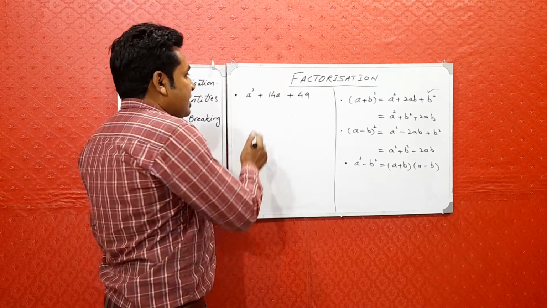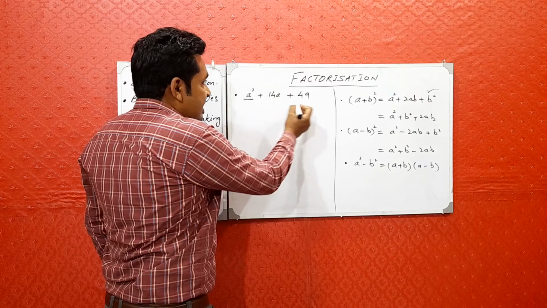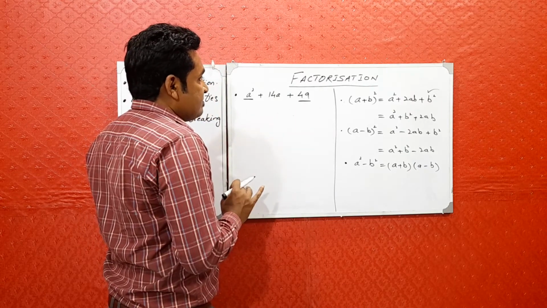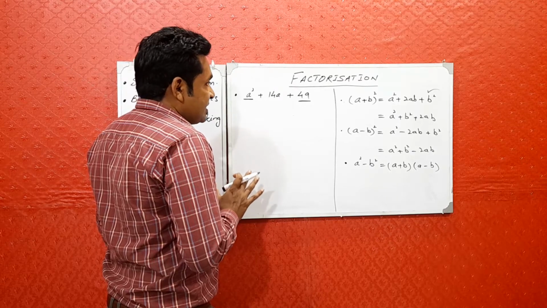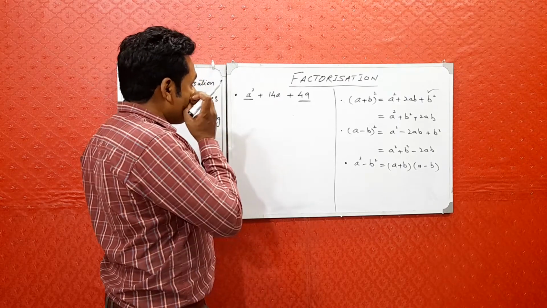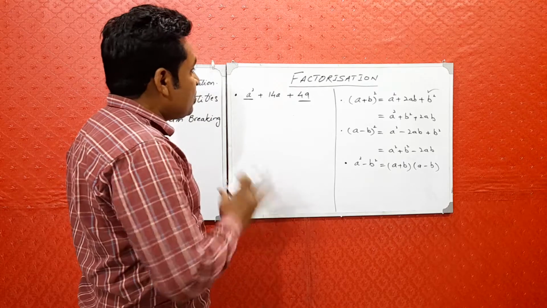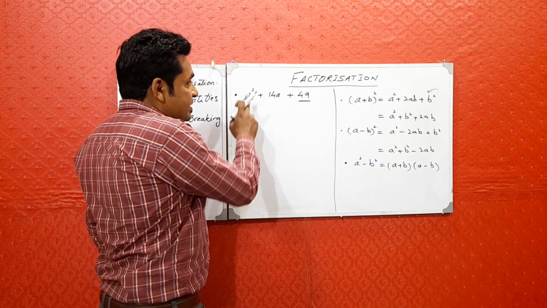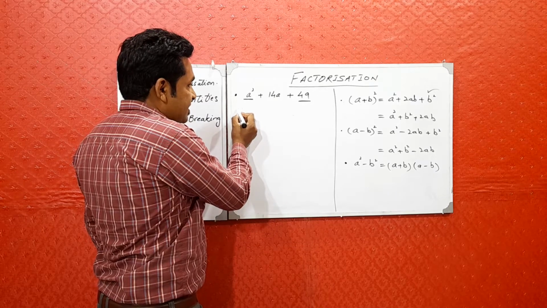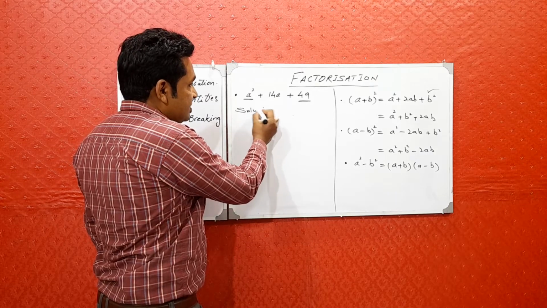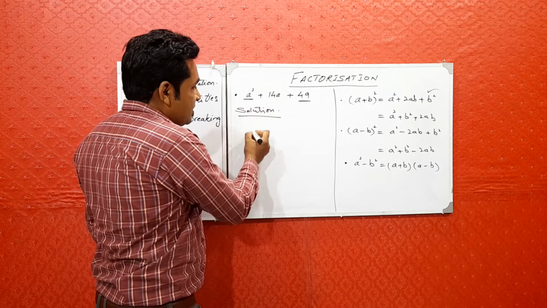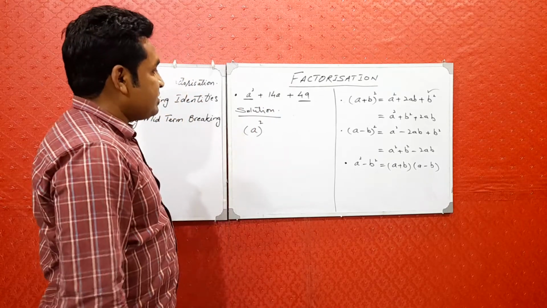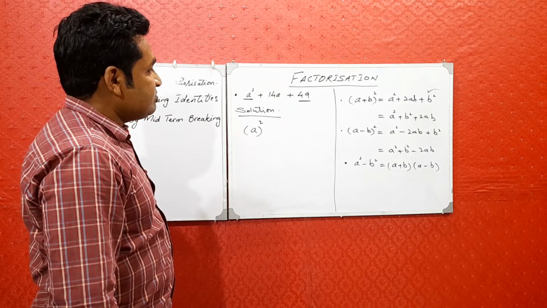You can factorize this expression with the help of identities if the first term and the last term are both perfect squares. If we start its solution, a squared is a perfect square of a, so we can write it in a bracket.